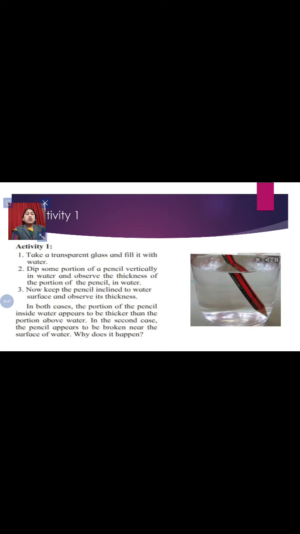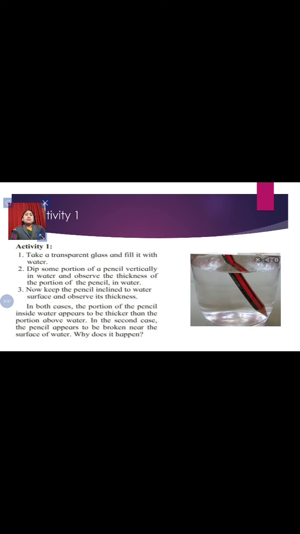Some portion of the pencil is dipped into the water, and observe the thickness of the portion of the pencil in water. Students, if we observe the portion of the pencil, see here, the portion of the pencil inside the water appears to be thicker than the portion above the water.